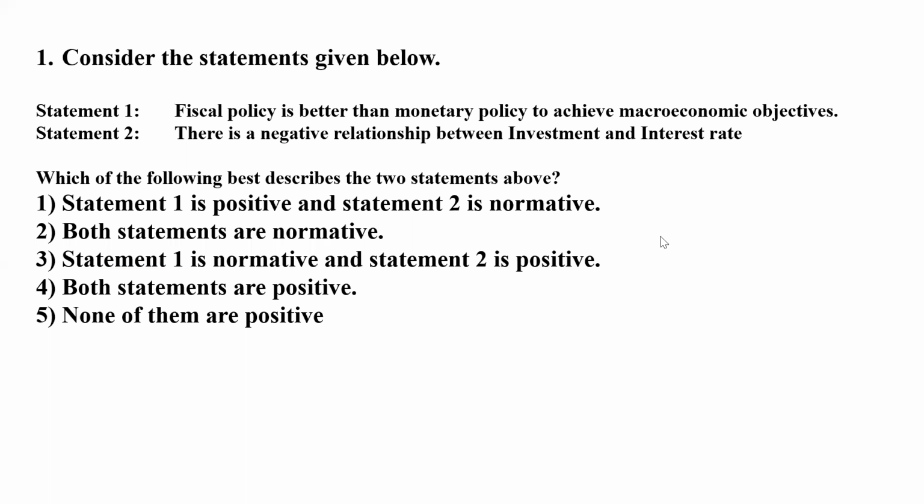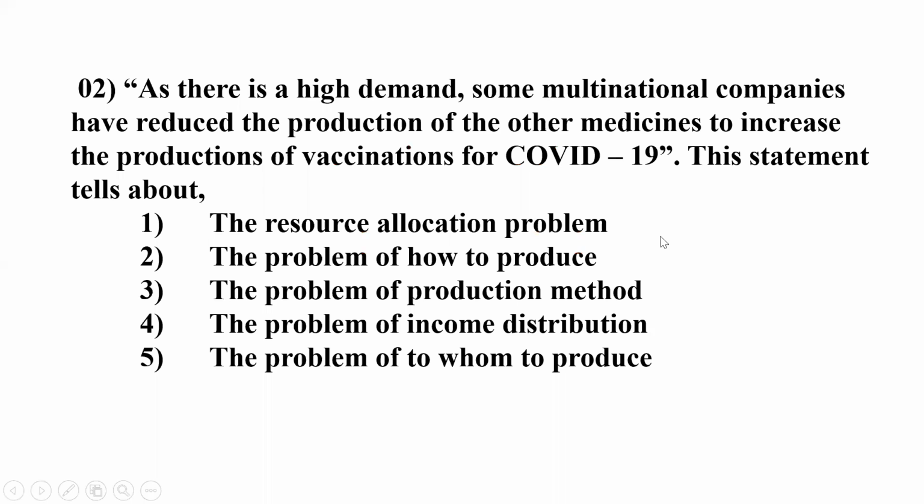Right, question number 2. As there is a high demand, some multinational companies have reduced the production of the other medicines to increase the production of vaccinations for COVID-19. This statement tells about... You know, this was happening over the last about 2 years, even presently this is happening.